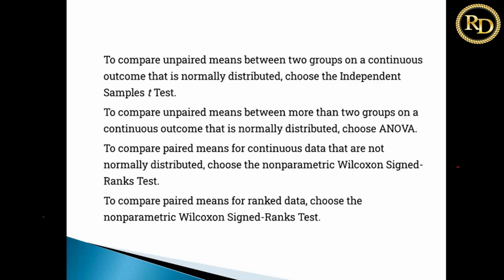And if we are comparing two groups but having non-normal data, then we go for the equivalent non-parametric test, and the non-parametric test equivalent to the paired t-test is the Wilcoxon signed rank test. So there we will use that one. If we are using categorical data, we also go for a non-parametric test.